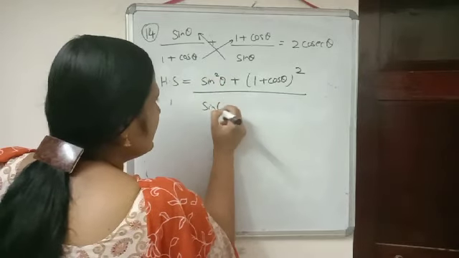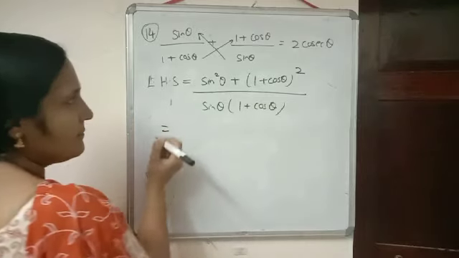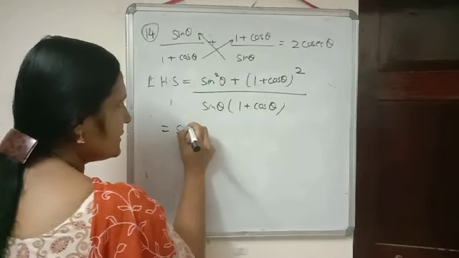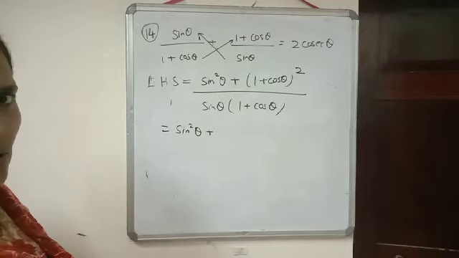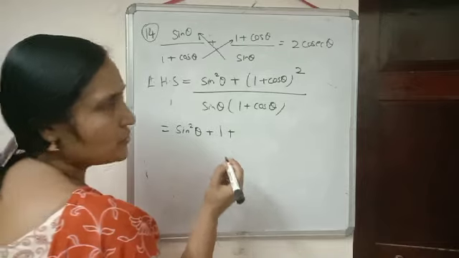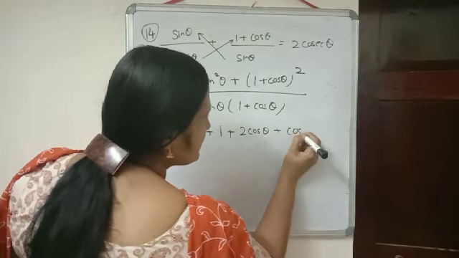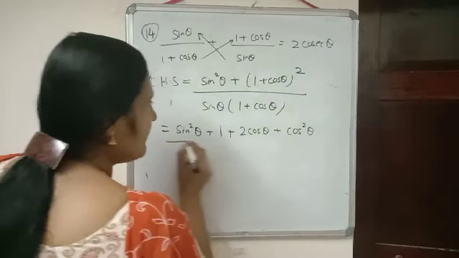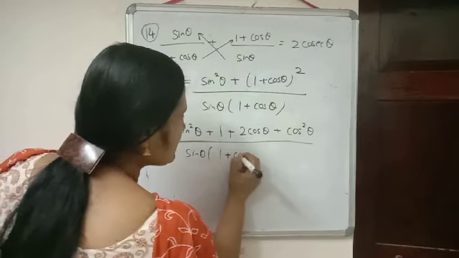So we have to use the identity there. Remaining is the denominator, sin theta into 1 plus cos theta. Now sin square theta plus this one we can expand using a plus b the whole square. Then it will come a square, so 1 plus 2ab, so 2 cos theta plus cos square theta, whole divided by sin theta into 1 plus cos theta.